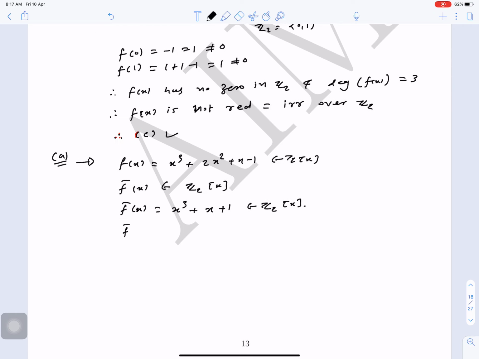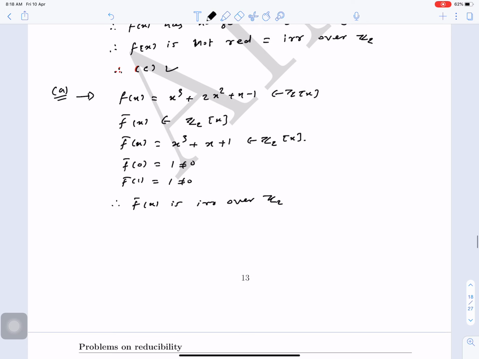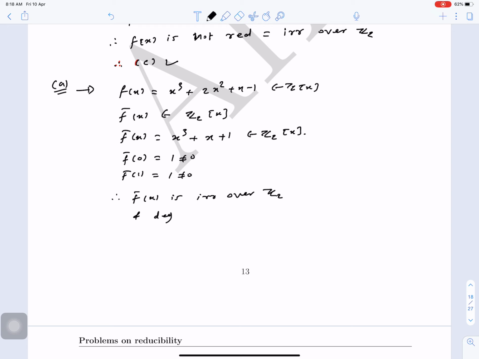Again f bar(0) is 1, which is not 0, and f bar(1) is also 1, which is not equal to 0. So therefore f bar(x) is irreducible over Z2, and the degree of f bar(x) is the same as the degree of f(x).